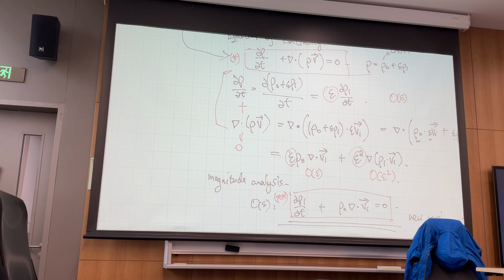The equation star is my old, original version of the equation of continuity, and the equation star star is the new version. What's the difference? The rho. That's a very sharp catch.